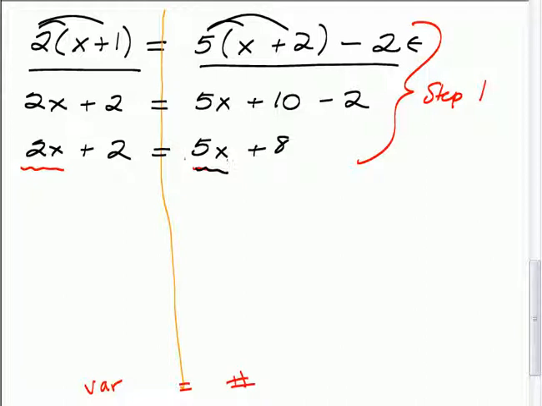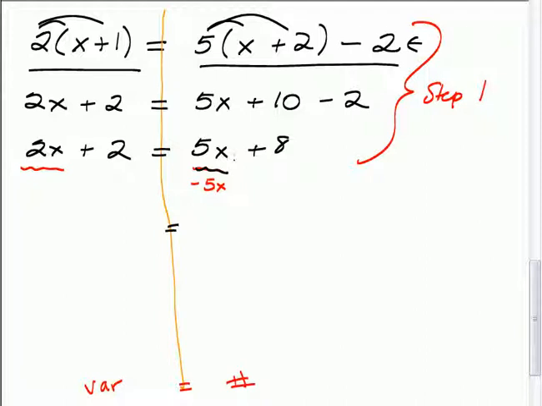So what is 5x doing over on the right? Well, he's being added. That tells us we want to do the opposite. We want to subtract 5x, and do you see what will happen when we subtract 5x over on the right? These two will cancel. 5x minus 5x is 0, and 0 plus 8 is 8. So we've gotten rid of the variable terms on the right.